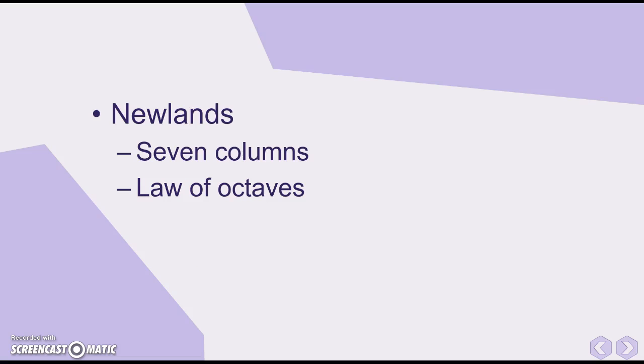In other words, every 8th element seems to repeat in terms of periodicity, and it has the same physical and chemical properties. So he organized that into what he called the law of octaves.